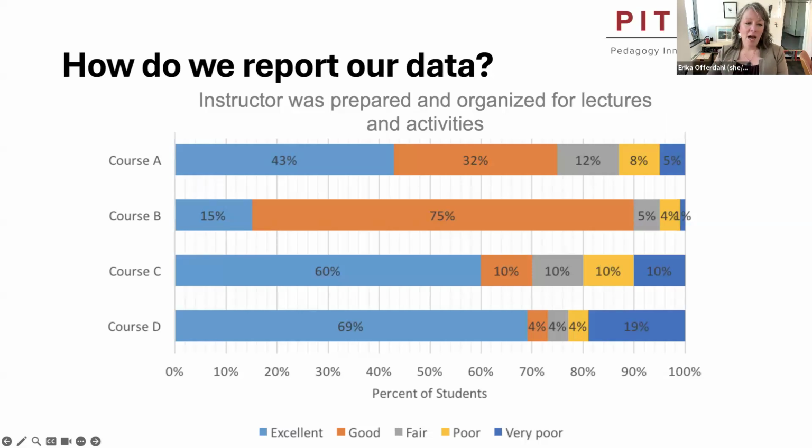And as an instructor, I want to try and figure out why this is happening for me. So if this is truly a different course, why are 20% of my students really feeling that I wasn't prepared and organized, and how much truth is in that? Is it a new prep? Maybe I'm not as concerned about that with a new prep, but if this is something I've been teaching for 5 years, maybe that's something I want to pay attention to.